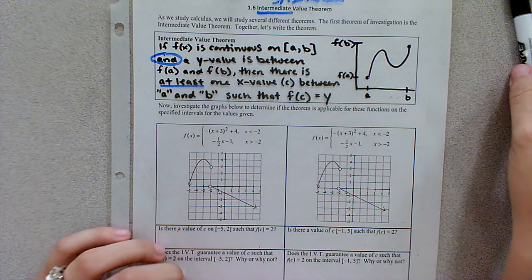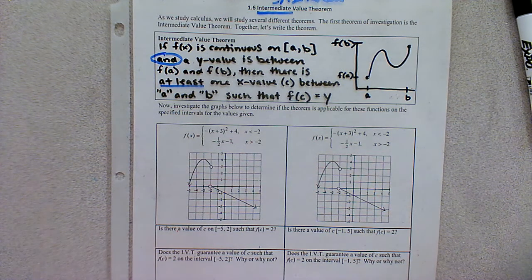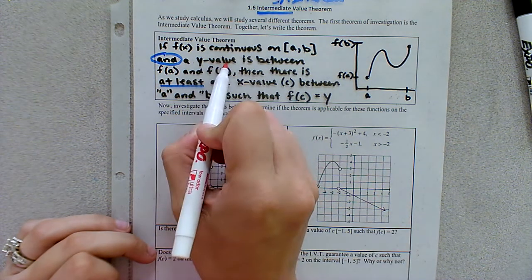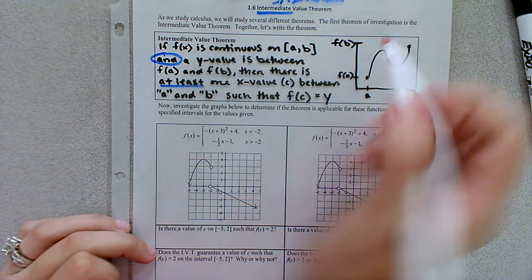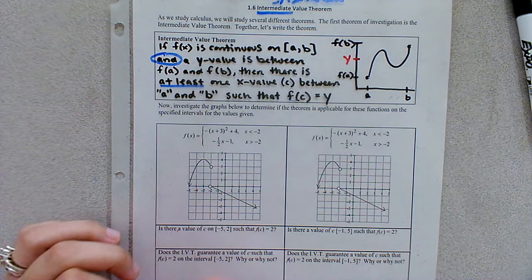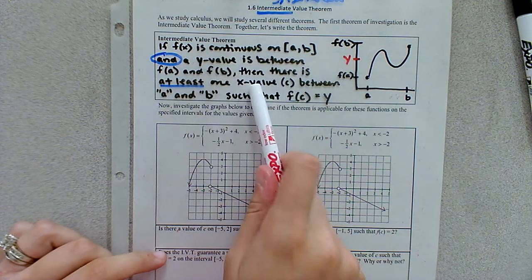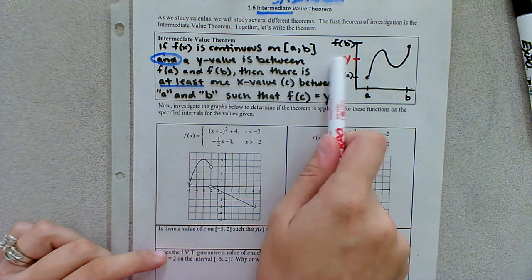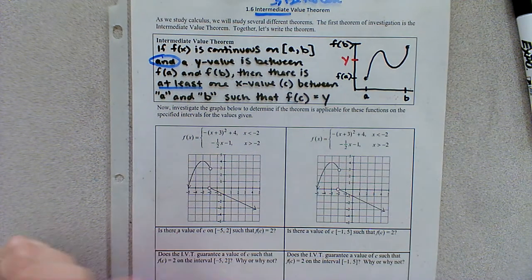So what this intermediate value theorem is telling us is that if we know there's a y value between these outputs, for instance, maybe somewhere right there, then there is at least one x value, some input down here that would give us this y value as an answer.